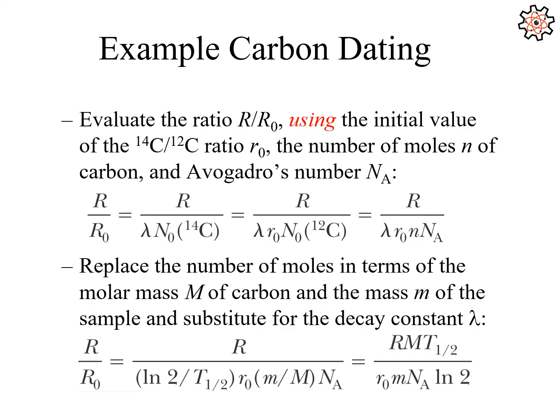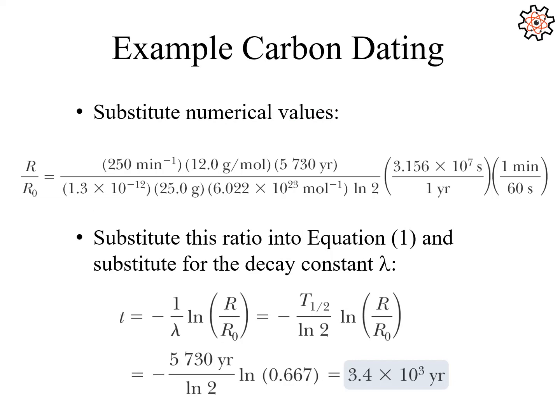And we can put in the values from the question and for what we know about carbon. Note a couple of things about the values we're putting in. In the denominator there's a value of 25.0 grams put in as the value of carbon-12. That was the little m that we defined. That's the mass of the sample though, right? But it is also the mass of carbon-12 to a very high degree of accuracy because the relative mass of carbon-14 is so small.